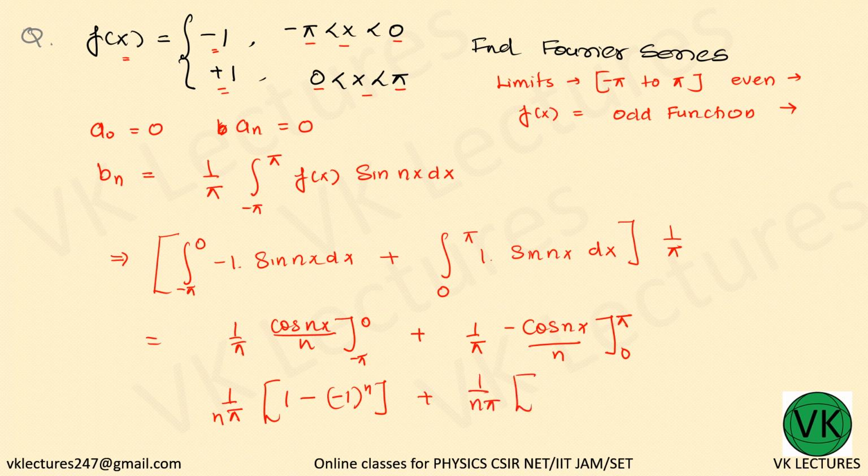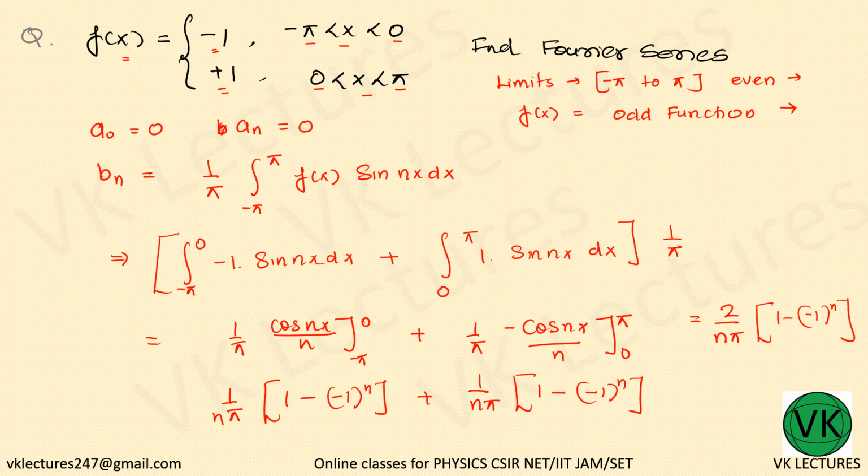Now here I have the minus sign, so I will go with the lower limit, so cos 0 is 1 and minus cos n pi is minus 1 whole to the power n. So it says 2 by n pi into 1 minus minus 1 whole to the power n.